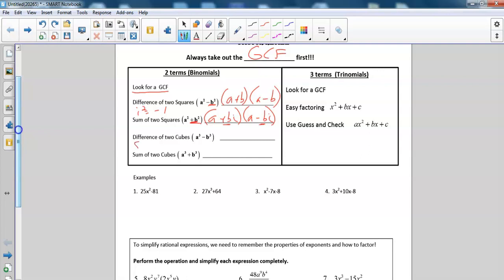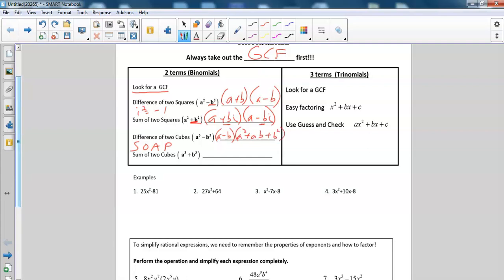Now for cubes, we've got to remember the acronym SOAP: Same, Opposite, Always Positive. So for difference of two cubes, it's going to be a, same, minus b, and then it's going to be a squared, opposite, a times b, always positive, b squared.